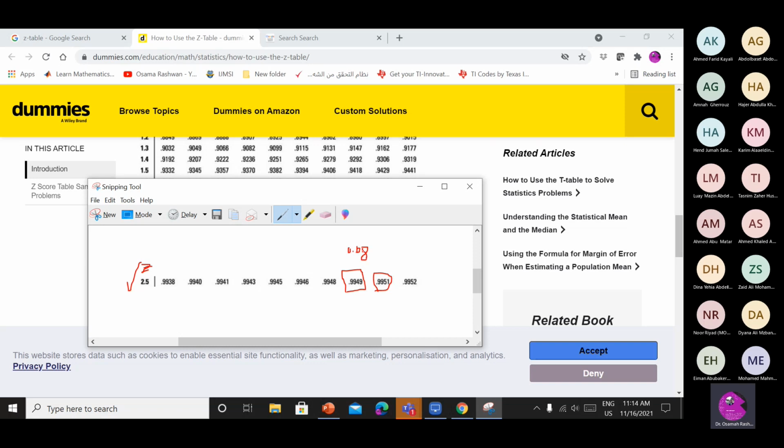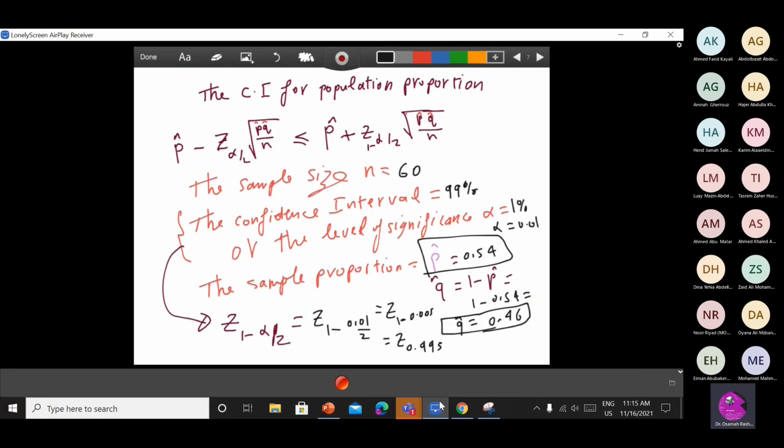Okay, and here you have 0.09. I'll choose this one or that one. No, you take the average of this one and that one, right? So I have 2.5. This is the main Z plus 0.08 plus 0.09 over 2.